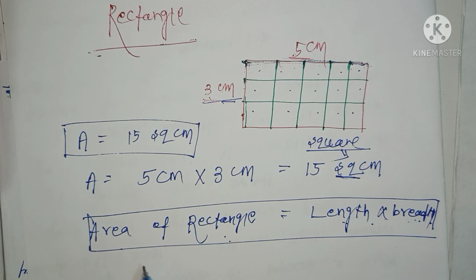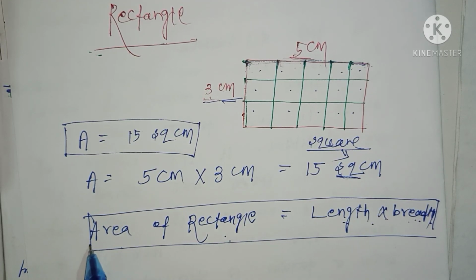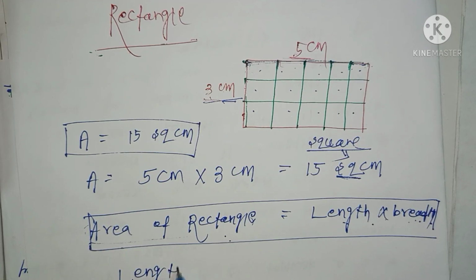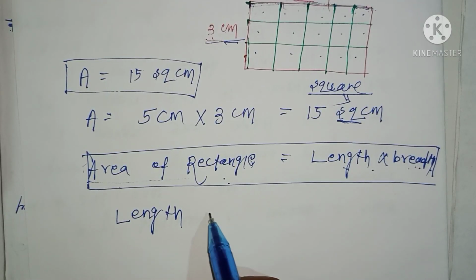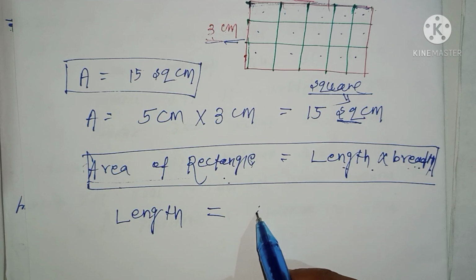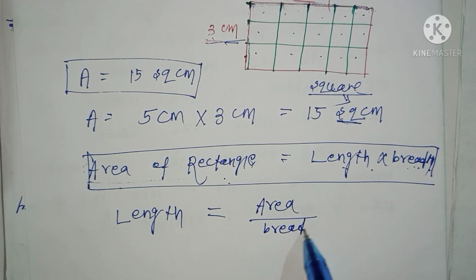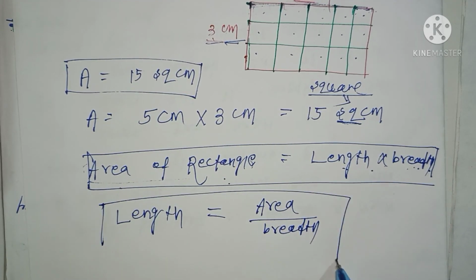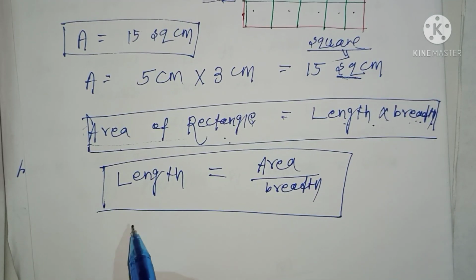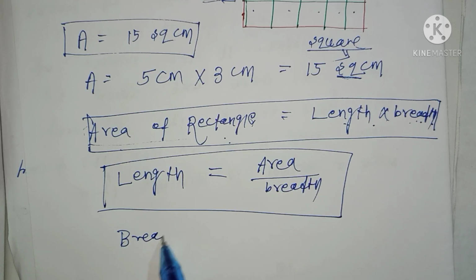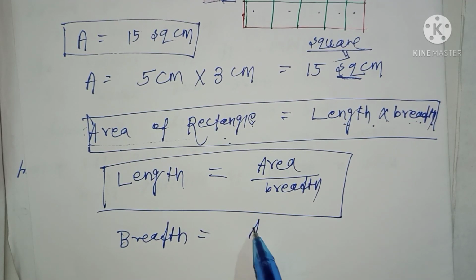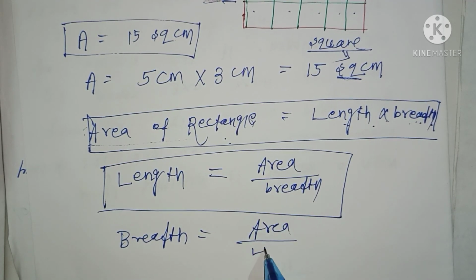Sometimes the question will give you the area and ask you the length. So that length will be what? Area divided by breadth. And also the question may ask you the breadth, that will be area divided by length.